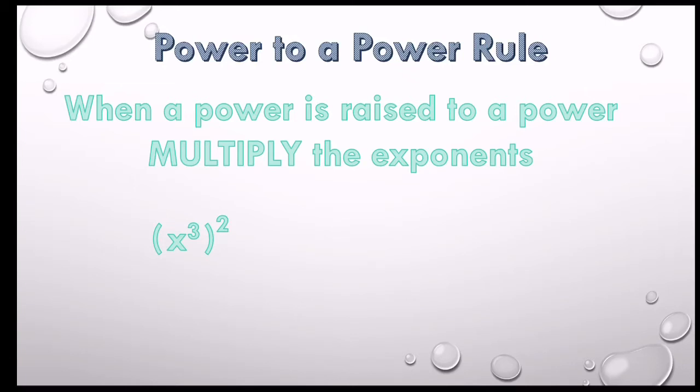Here, I have one base. It's just going to this x. So what I'm going to do is I'm going to multiply. Okay? So I take my power and I raise it to another power. When I do that, I multiply the exponents. Does everyone see what I'm doing here?